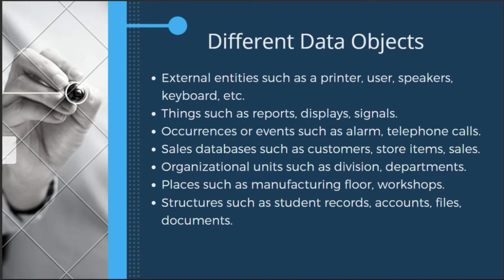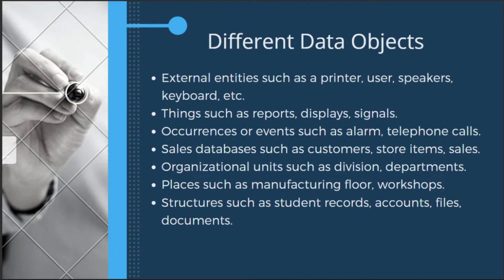Sales, databases such as customers, store items, and sales. Organizational units such as division and departments. Places such as manufacturing floor and workshop. Structures such as student records, accounts, files, and documents.